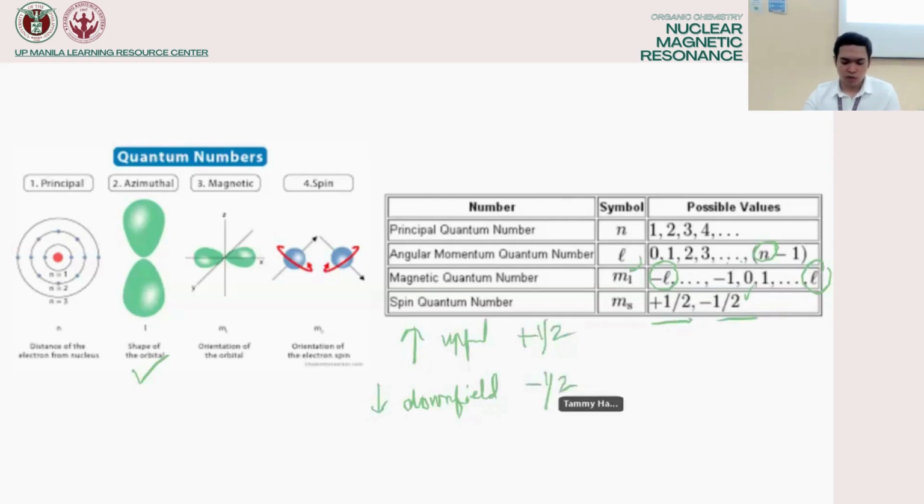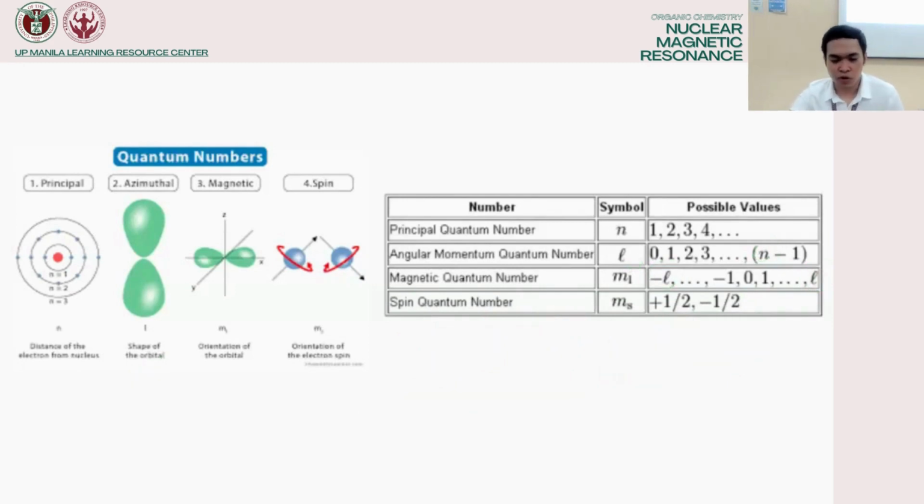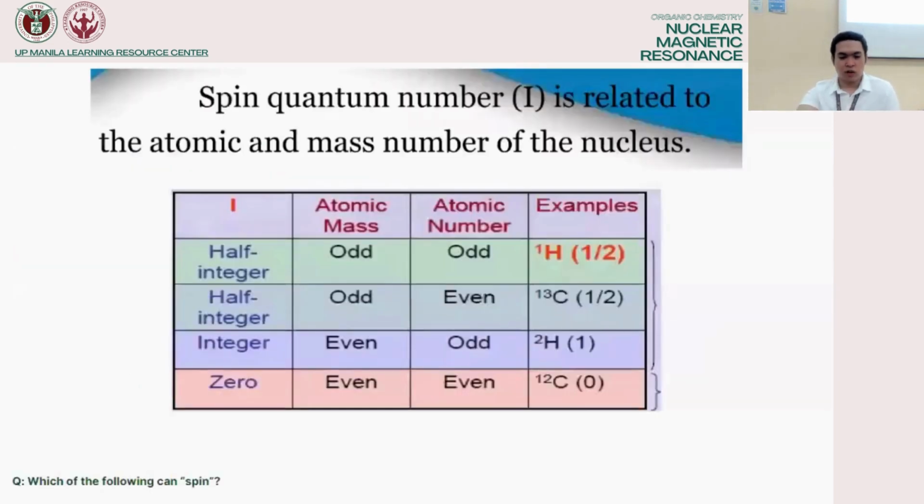These numbers are just the orientations of the rotation of the spin. What's the importance of that? We'll discuss later. Why are spins important? The spin quantum number is related to the atomic number and mass number of the nucleus.